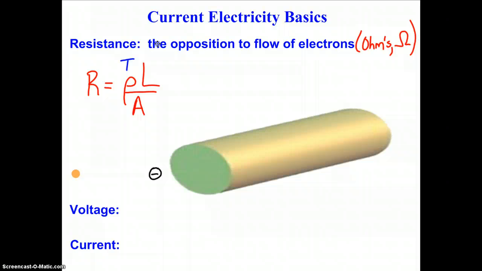As temperature increases, resistance increases, and in reality what's happening is as temperature increases, resistivity increases, which therefore causes resistance to increase. You may, in the course of your life, have heard of superconductors, for example.